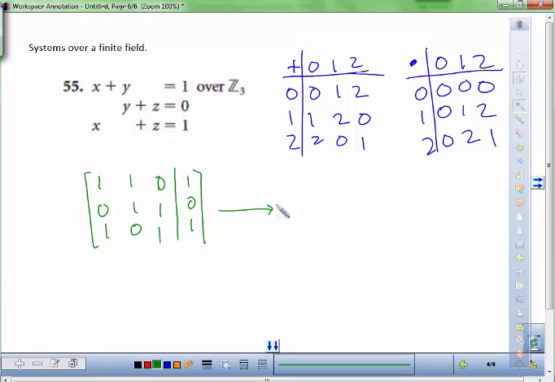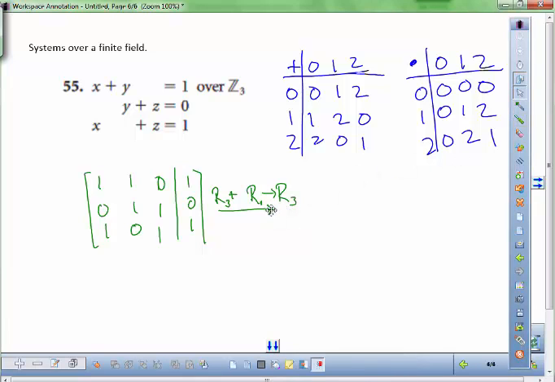Now we just have to be careful about how we do our multiplication. I am very interested in getting rid of this 1 down here in the 3rd row in the first column. So in my 3rd row, I'm going to add something from my 1st row being multiplied by something to add to 1.